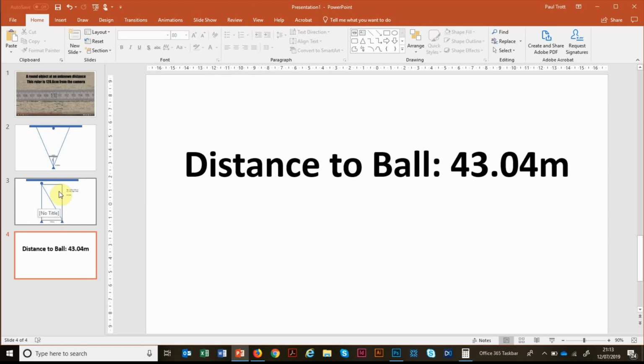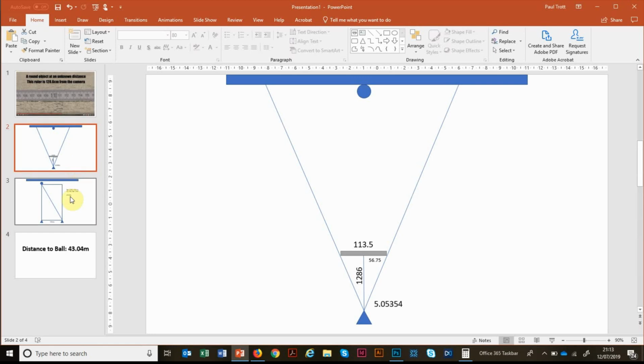Now we need to work out the circumference of the ball. To do that, first of all, we need to work out the diameter of the ball. So we know a lot of this information now. We know the total angular width, which is that. We need to work out now the angular width of the ball.